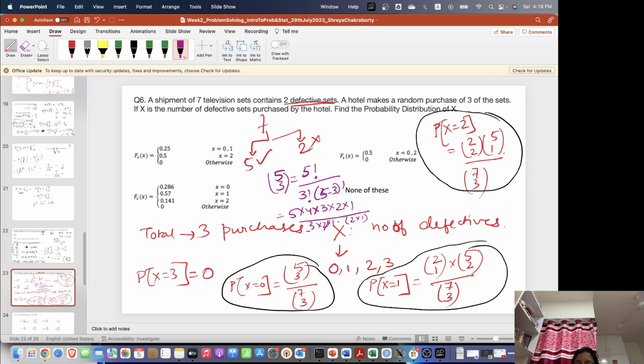So if I just cancel, 2, 2, 4, 3, 3, then this will be 10. 5C3 means 10. Okay. So using these formulas, just try to find out what these probabilities are and which one should be the correct option.